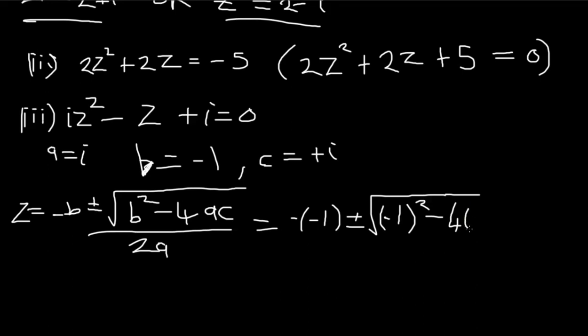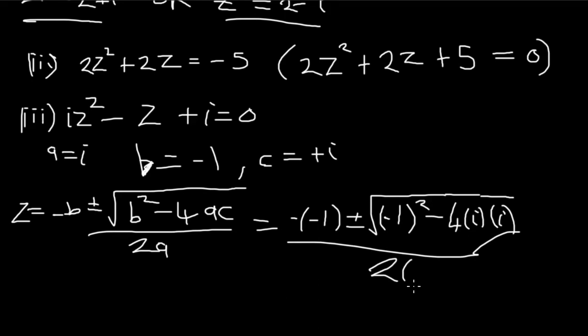What is my a? My a is i. And then my c is also i. Then everything over 2a. So my a is i, so I'll put 2a there.